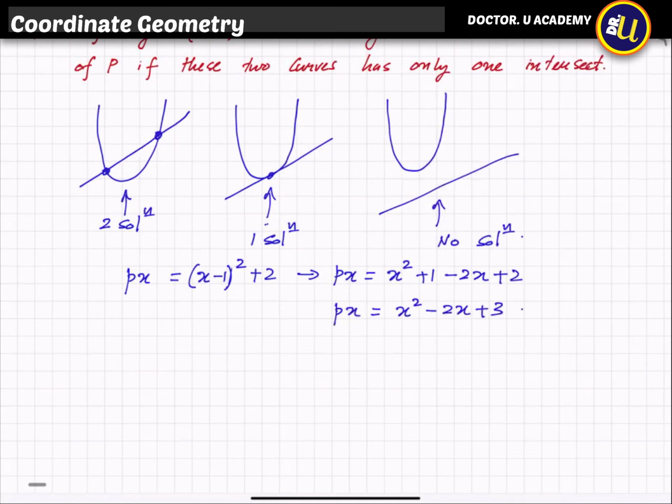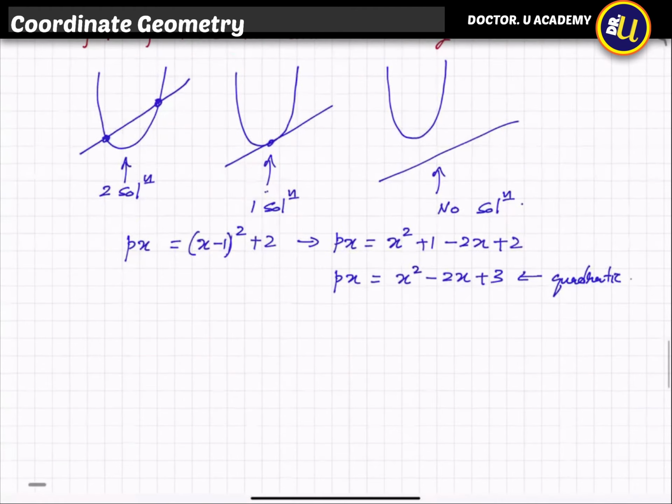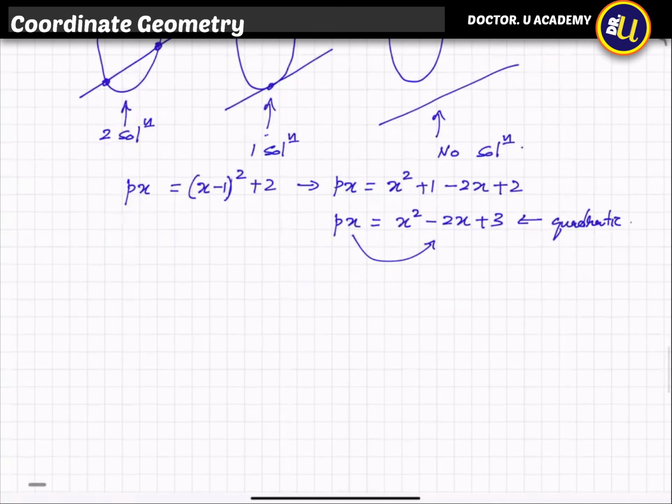Now it becomes a quadratic. Now what I will do, I will put this one to the other side and write like this: x squared minus (2 plus p)x plus 3 is equal to 0.